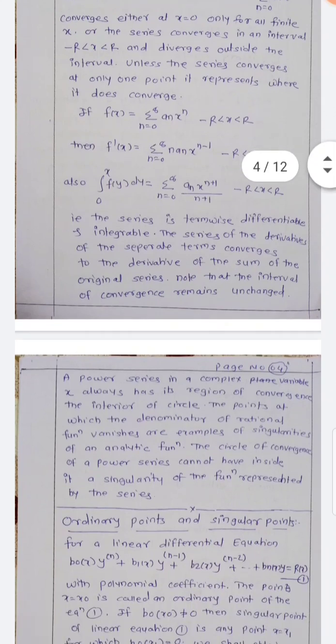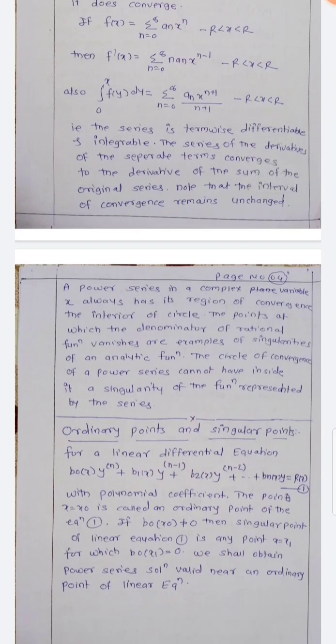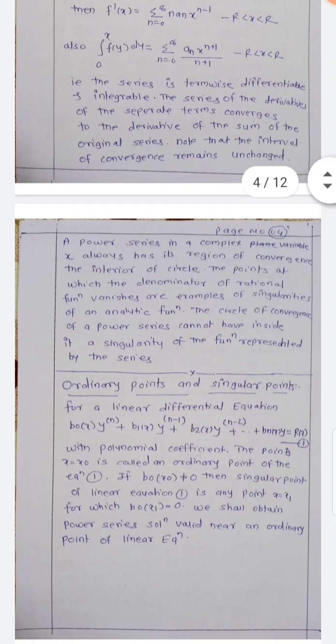So here we consider the series, then we differentiate that. Similarly when we integrate we write in this form, and then we conclude the series is term-wise differentiable and integrable. The series of derivatives of the separate terms converges to the derivative of the sum of the original series. So note that the interval of convergence remains unchanged.